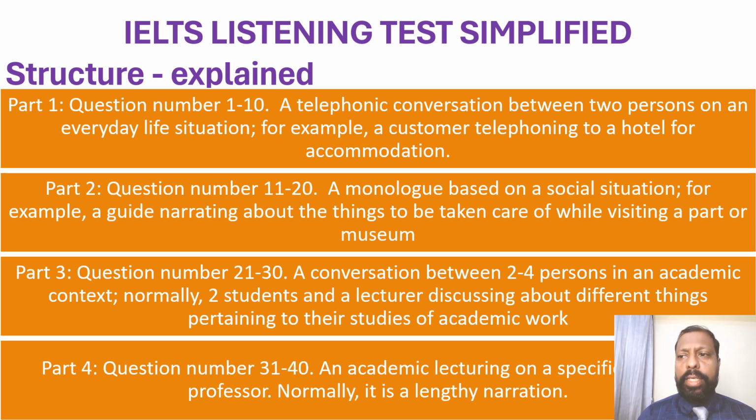This is what you can see in part 3. Then coming to the last part, question number 31 to 40. It is an academic lecture on a specific topic by a professor. Normally, it is a lengthy narration. So this is the general explanation of the different parts of the IELTS listening test: part 1, part 2, part 3, and part 4.